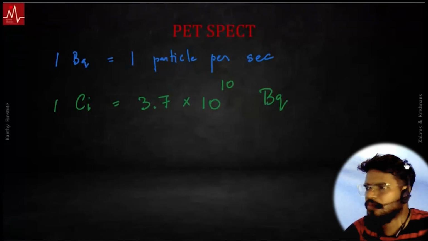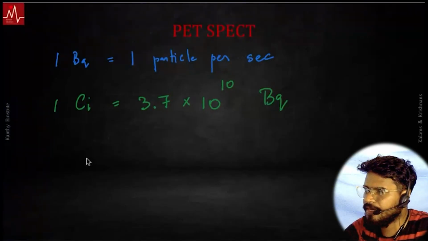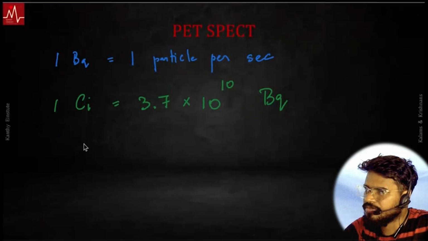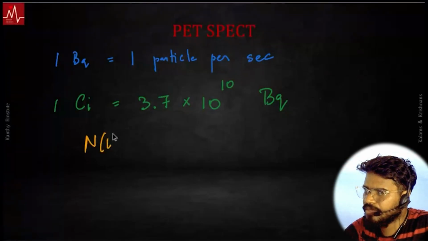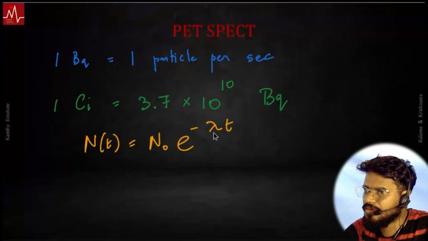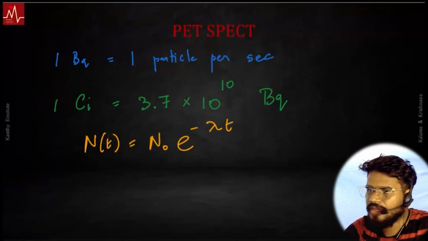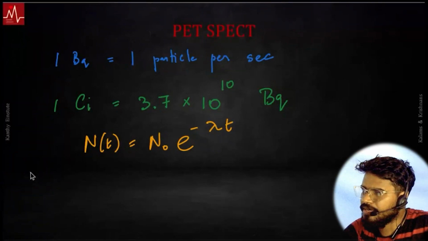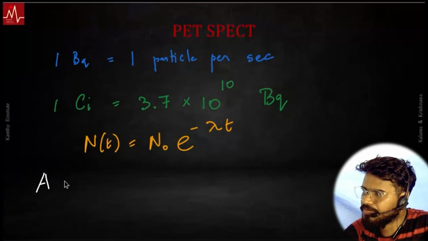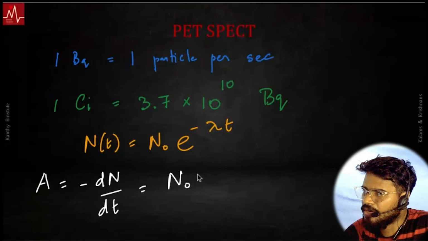The most important thing, we have N as a function of time, right? This is typically N naught. It decays with a constant of lambda. And we define activity as minus dN by dt, which happens to be N naught lambda e power minus lambda t.